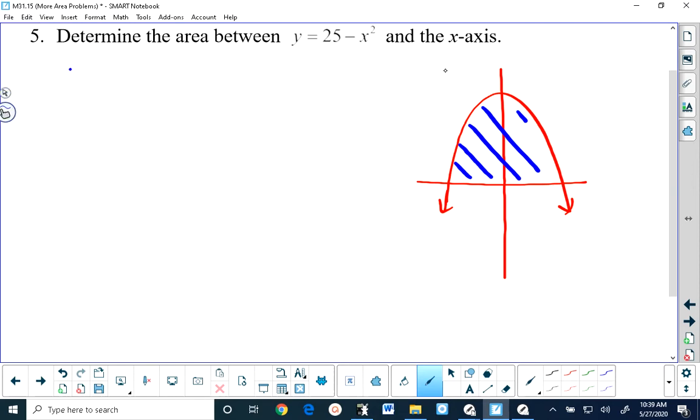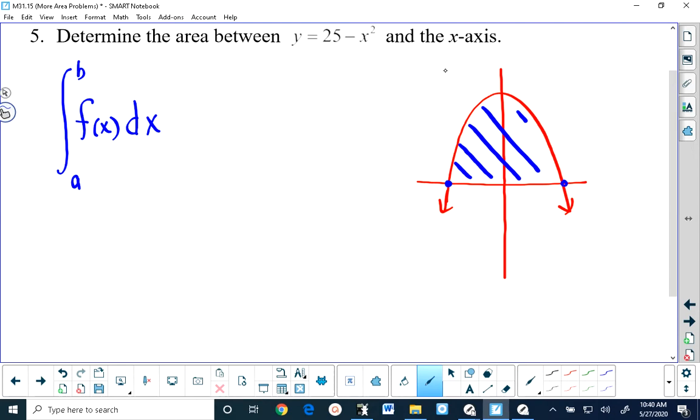It will be the integral from a to b of f of x dx because the function lies entirely above the x-axis. And this would be where a is, and this would be where b is.